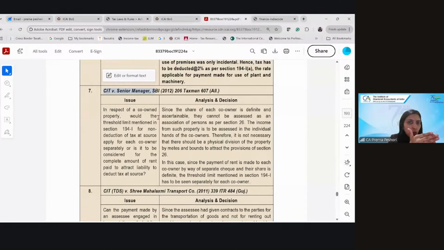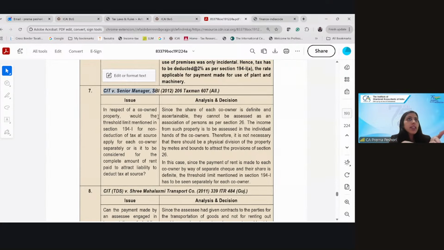Whether this threshold is qua the property, the total rent, or it is qua each owner. So whether you account for 50,000 of the rent for one owner, 50,000 of rent for another, if it is below, you will not deduct the TDS, or whether it is for the total rent paid for that property. So the Allahabad High Court said that since the share of each owner is given, it is definite.